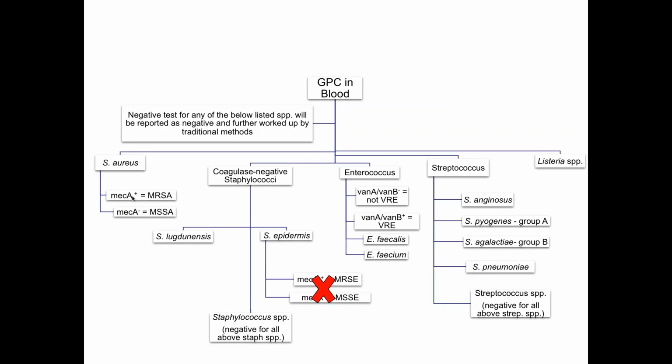So we didn't really want people to be treating someone for 6 weeks for MRSE, which is coag-negative Staph, and not necessarily MRSA. We also chose not to run this test for Listeria species because that's a gram-positive rod, and then we would have to do that on all gram-positive rods, unless we suspect that the patient might actually have Listeria meningitis, for example, so we may choose to perform that test.